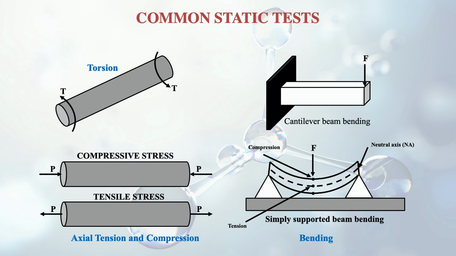There is a bar or cylinder, you can say. In the first one the compression effect is shown, in the second one the tension effect, where the pull effect is there, and in case of compression the push effect is there. Then the second figure is that of torsion, where a twisting effect will be there, and the third one is about bending, where the load is acting perpendicular to the beam or the specimen.